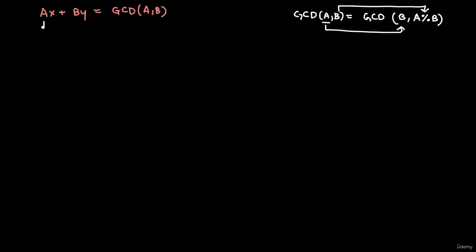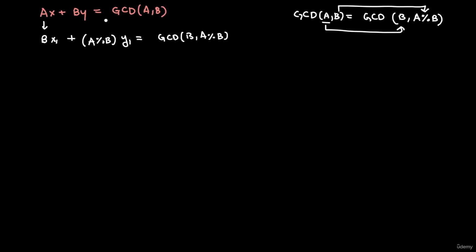Let's put a as b, so it becomes b followed by some x1. Okay, because the values of x and y will also change if you change the coefficients here. So I'm just saying that these two equations are going to be equivalent. So b would be like a modulus b, this y would be something else, that would be like y1, and this is equal to GCD of, again replace a with b and b with a modulus b.